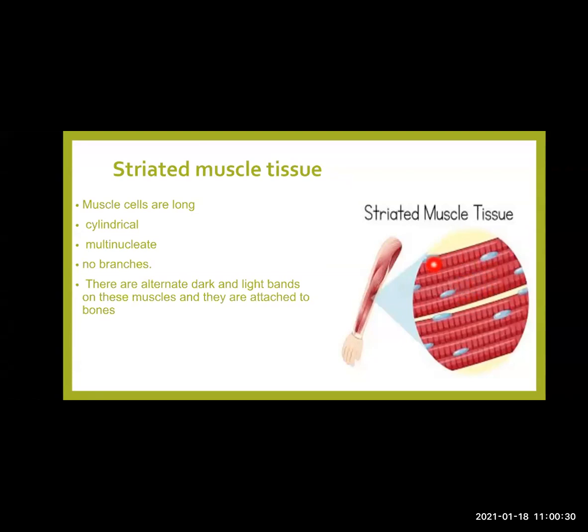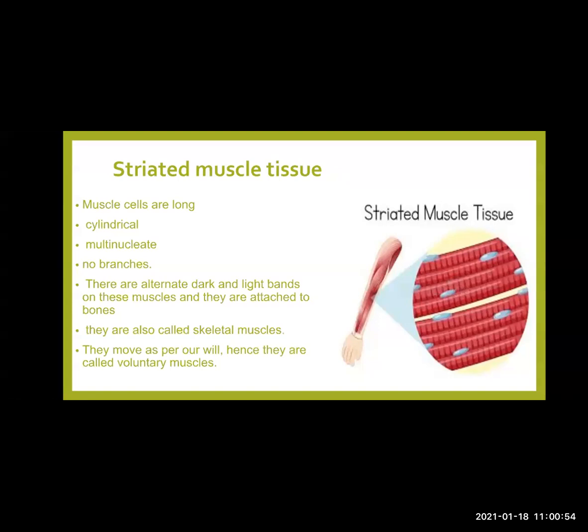When you see a section of striated muscle under the microscope, on a stained slide, you can see these dark and light bands. Where are they present? They are attached to the bones. As they are attached to the bones, they are also known as skeletal muscles.